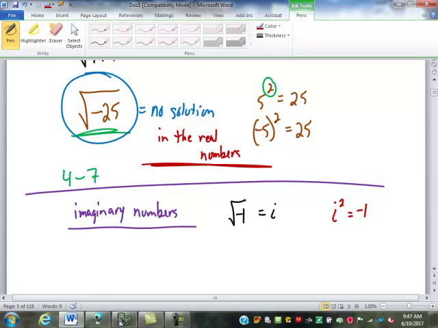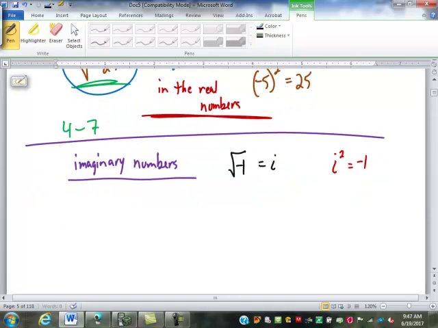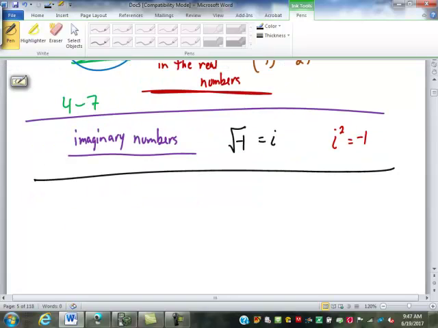And then because of that, you can take the square root of any negative number because of i. Again, I'm just warning you that when I say you cannot take the square root of a negative number, I'm saying in most cases, in the real numbers, you cannot take the square root. But if you get into, like I said, intermediate algebra or college algebra, there are methods for doing it.